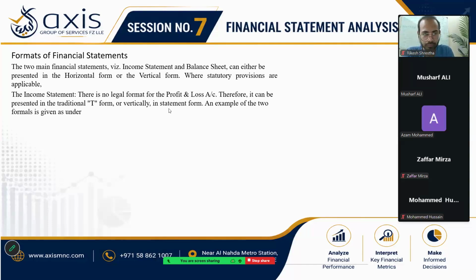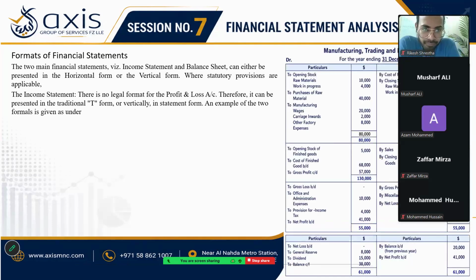For the income statement, there is no legal format for the profit and loss account. Therefore, it can be presented in the traditional T form, or in vertical statement form. An example of two formats is given below. This is a very important format.